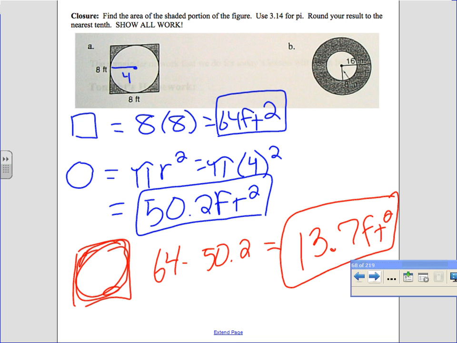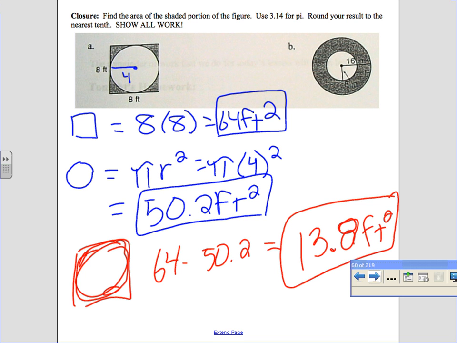Yeah, I know. It depends on how you round. That's fine. If you guys left it as 13.7 because maybe you rounded something differently, or maybe you used the pi button, you're fine. I'm not going to take off if you don't have the exact decimal point. Ben? I know, but did you hear what I said, though? If you use the pi button, it's going to be a little bit different.